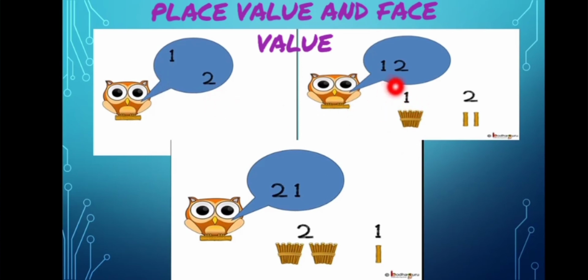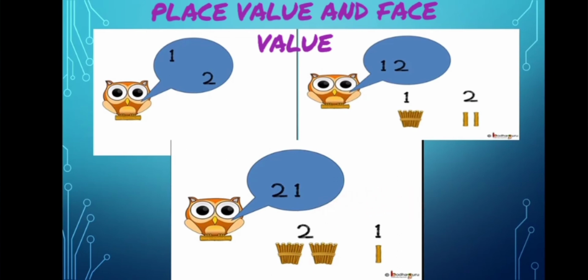Look, this becomes 12. 12 means 1 bundle of 10 sticks and 2 loose sticks. Correct? Let us place them another way. Now it is 21. 21 means 2 bundles of 10 sticks and 1 loose stick.